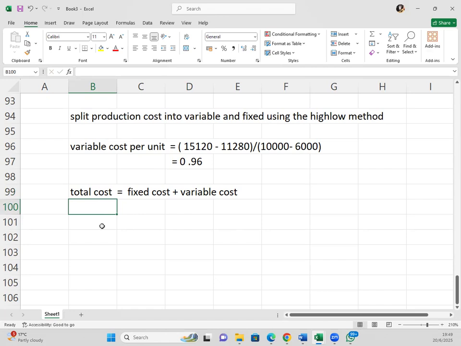Pay attention here. If we take, for example, the cost of 15,120 as the total cost, we don't know how much is the fixed cost. Let's leave the fixed cost blank here.